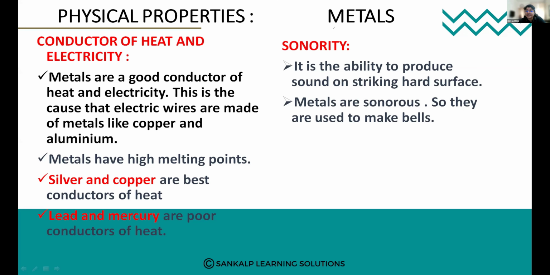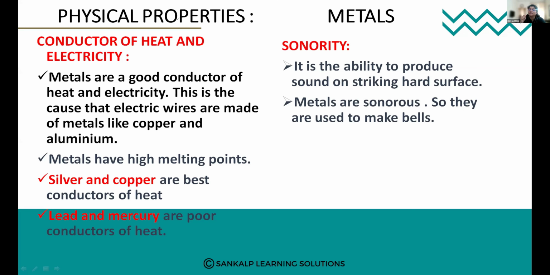Next is sonority. What do you mean by sonority, students? Anybody? They produce sound. Suppose in your home you bang a metal surface, you will get a sound when you strike it.